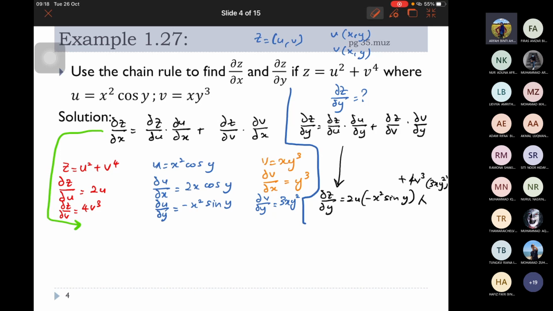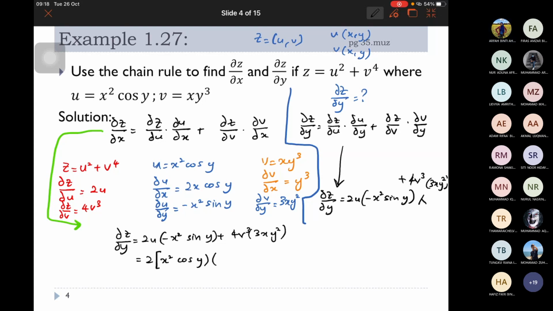Substitute in the equation. Tulis kat sini senang. Delta Z over delta Y equal to 2U darab negatif X squared sin Y tambah 4V kuasa 3, 3XY kuasa 2. Okay. Sama dengan 2 darab dengan U, 2 darab X squared cos Y darab dengan negatif X squared sin Y. Okay.